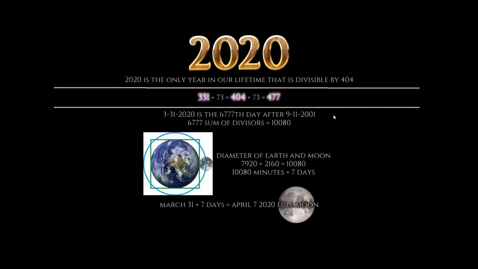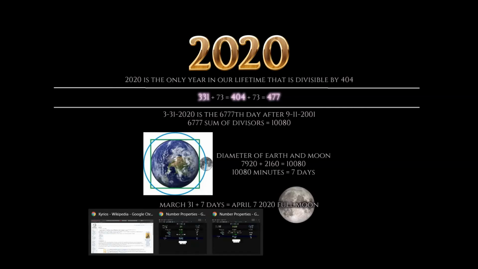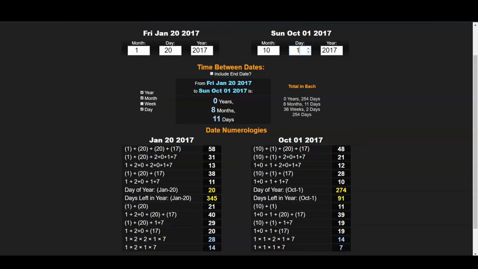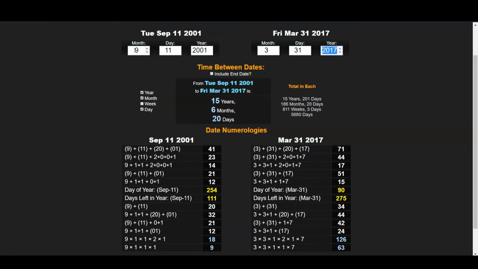So let's look at the ritual here to the Earth and the Moon with 3/31/2020. March 31st, 2020 is the 6,777th day after 9/11. So counting the end date, 3/31 is the 6,777th day after 9/11.